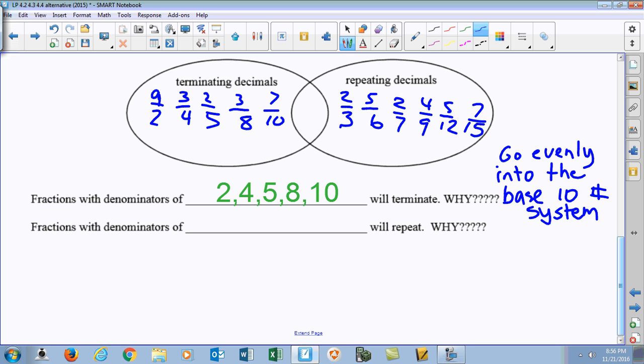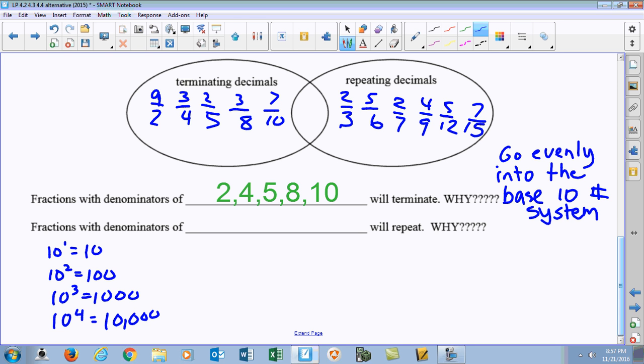Like 10 to the first power, which is 10. 10 to the second power, which is 10 times 10. 10 to the third power. So we're adding a 0 every time. Right? Those are your place value numbers. So all these numbers, and it keeps on going. All those numbers up above will go into one of those numbers or bigger. That's why those decimals terminate.